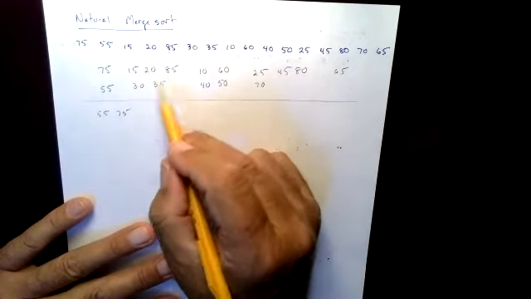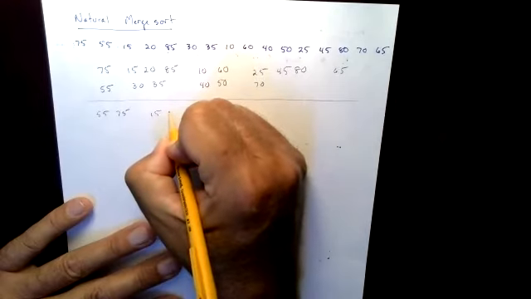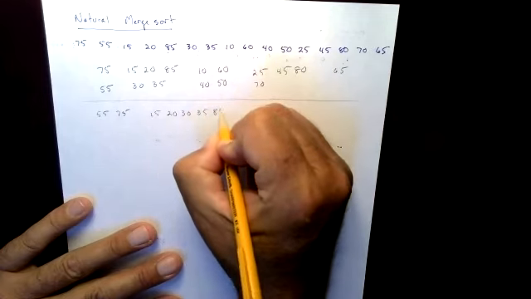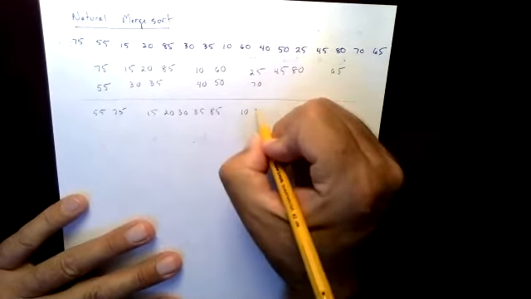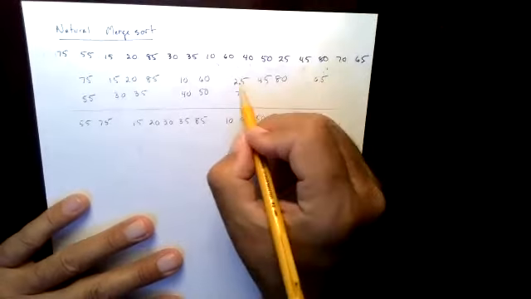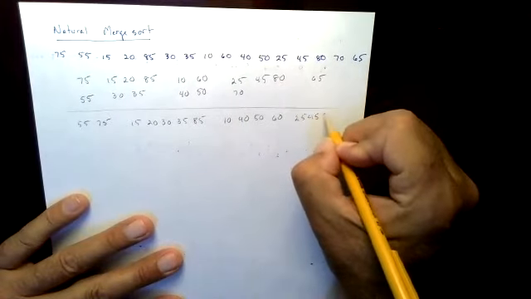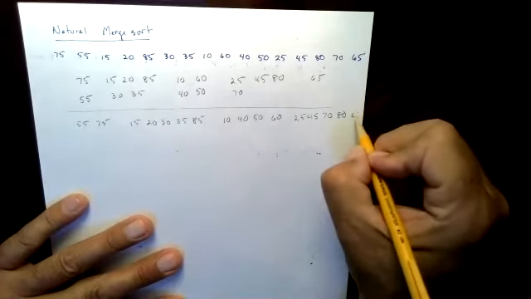Now I'm going to compare these blocks: 15, 20, 30, 35, and 85. These 2 blocks: 10, 40, 50, 60. These 2 blocks: 25, 45, 70, 80. And then I have an odd one at the end, 65.